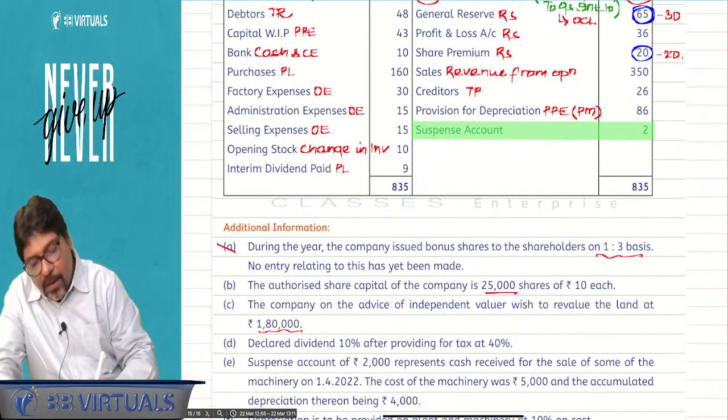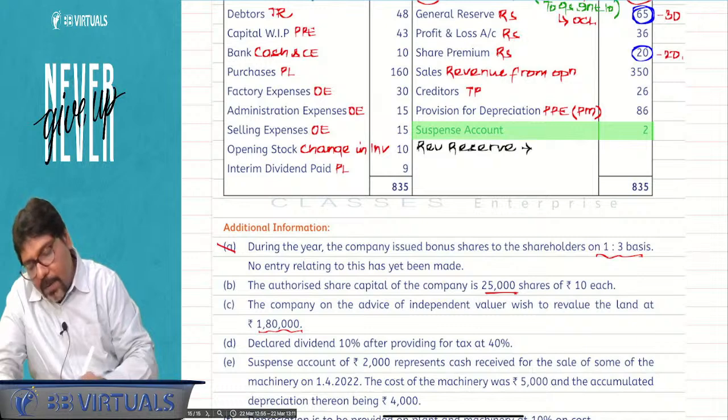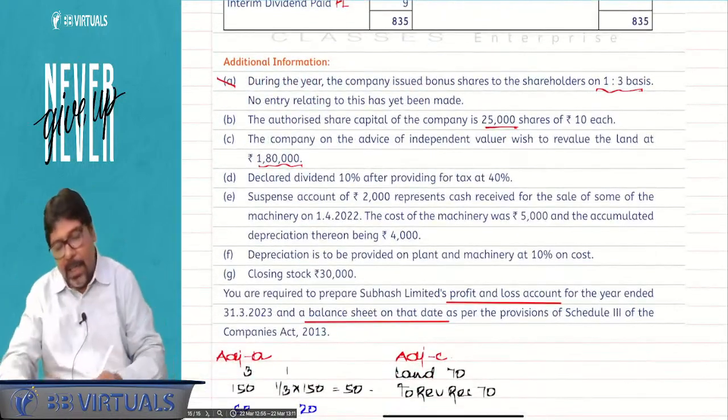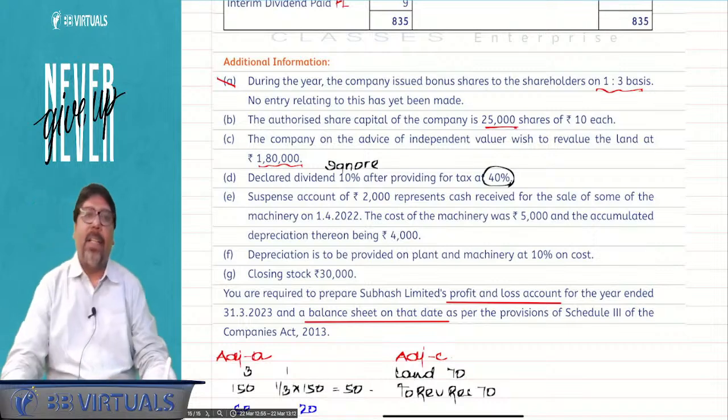And revaluation reserve I wrote separately. Revaluation reserve will come in reserves and surplus, and that will be 70. Declared dividend, that is ignored. After providing tax at the rate of 40%, that we'll see later.